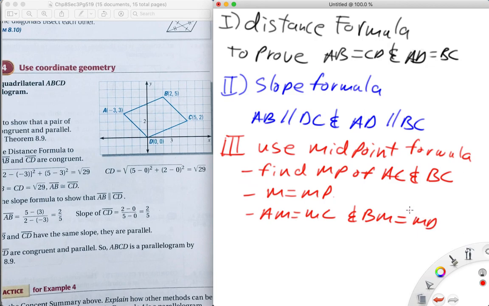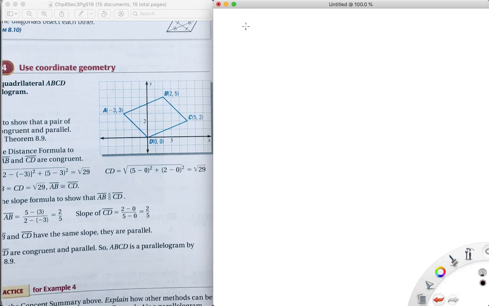I could also do that. This one is probably the more rigorous one, because after you use the midpoint formula, you have to use the distance formula to find those.